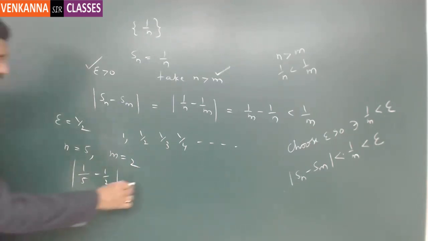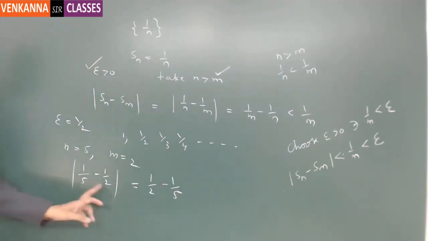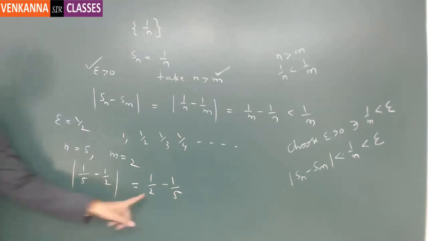So it is nothing but 1 by 2 minus 1 by 5, because this is a small number and this is a big number; if you apply modulus, we will write like this.